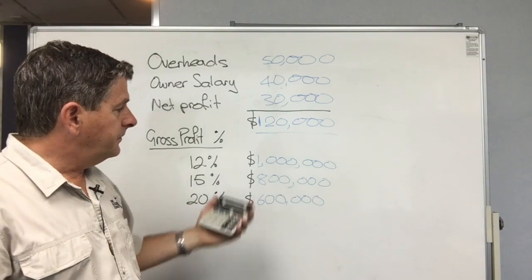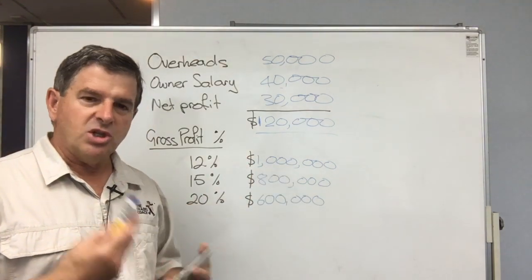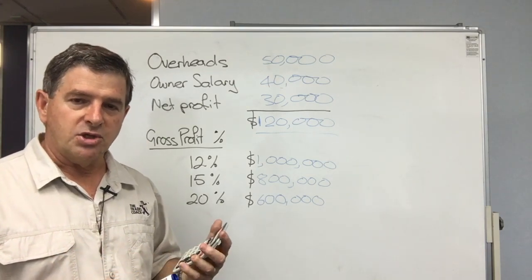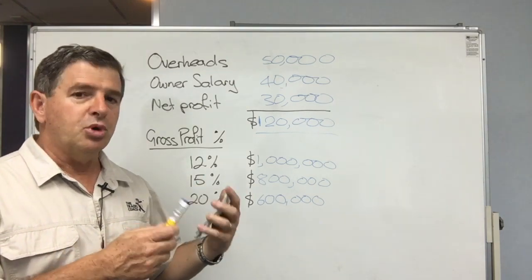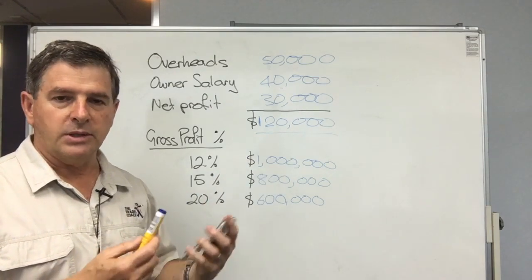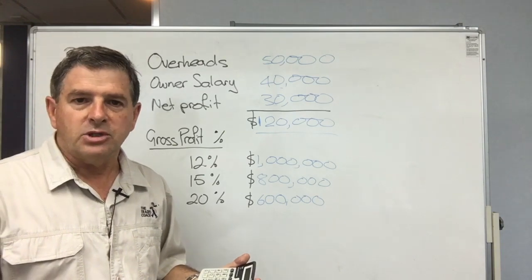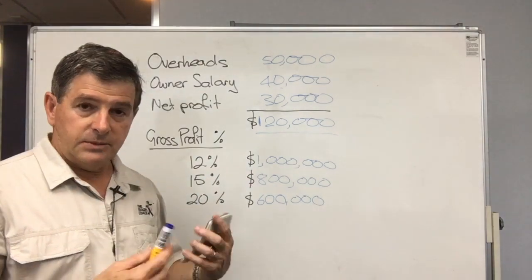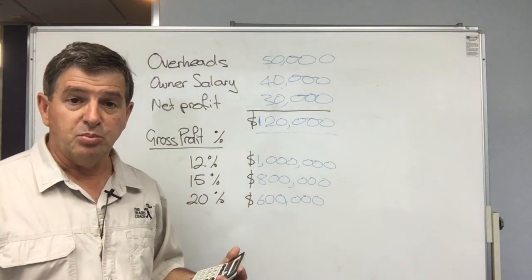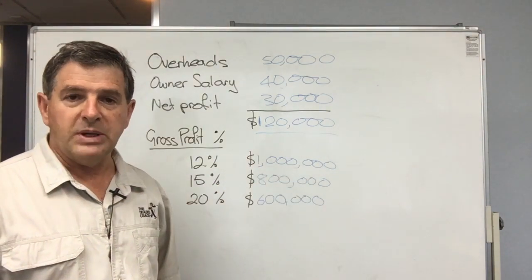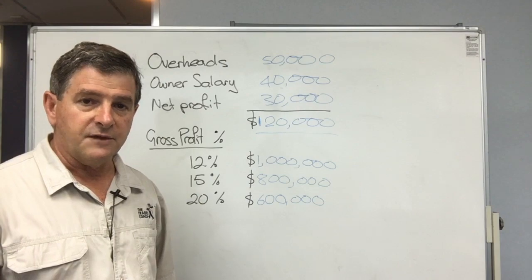I usually use around $200,000 to $250,000 of revenue per person as typically what a building company is likely to achieve. If you can get to $250,000 per person, that means you need 4 good people in your business to achieve that kind of figure.